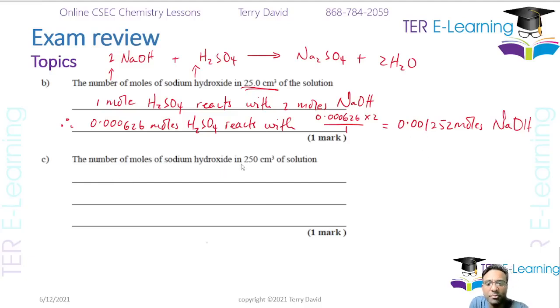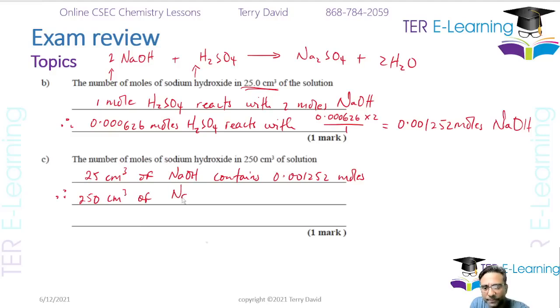Now the next part, remember you made up a standard solution. So you know that 25 cm cube, which is how much we had pipetted out, of NaOH contains that number we just got, which is 0.001252 moles, right? Therefore, we need to work out for 250. So therefore, 250 cm cube of NaOH contains, and you're going to cross multiply.